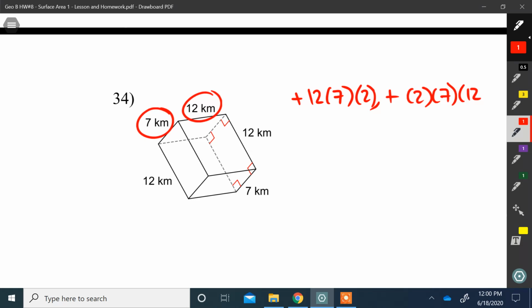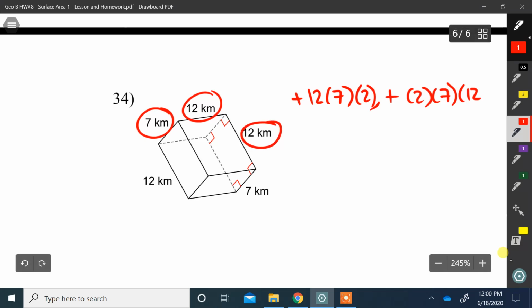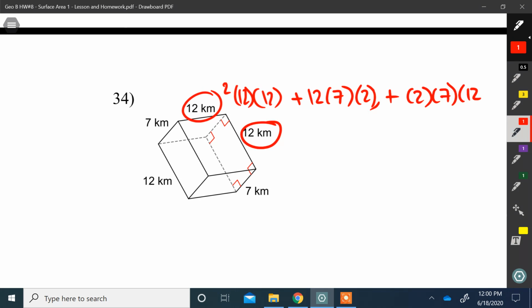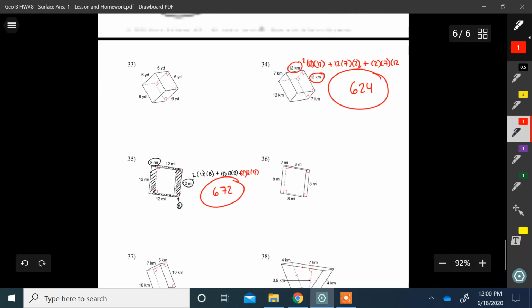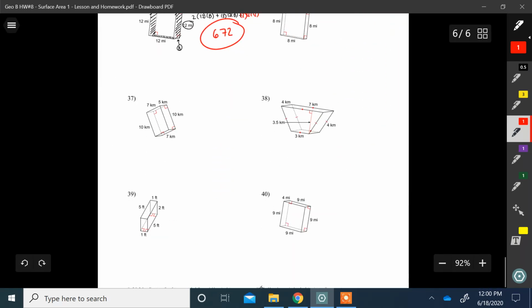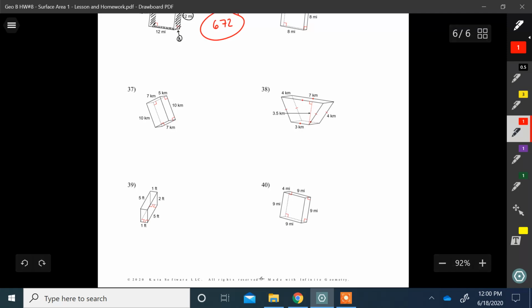And then we have 12 times 12 times 2. Multiplied all that out and you should get 624 on this one. Okay. All right, very good.